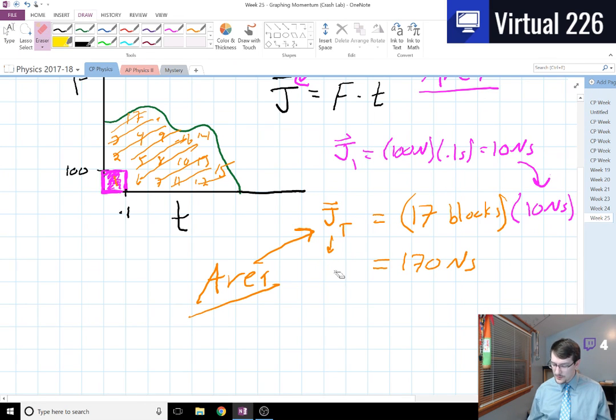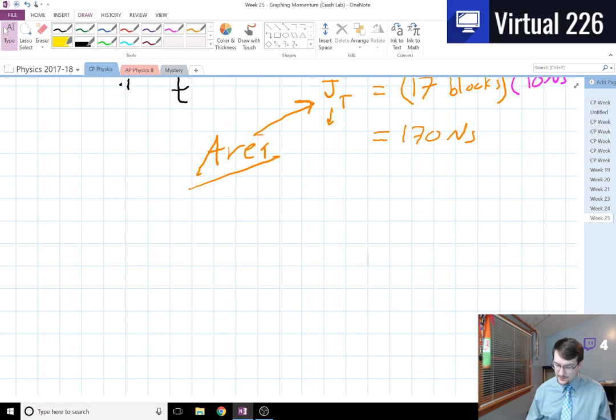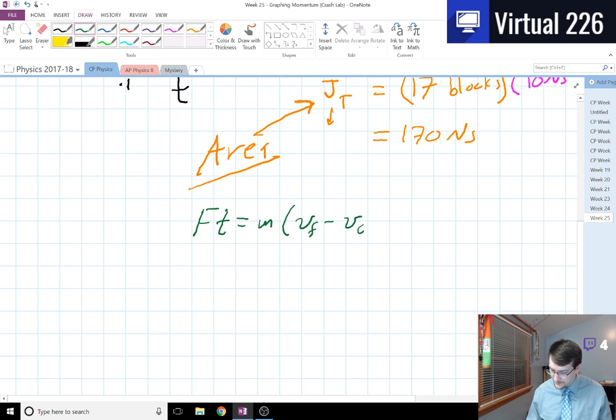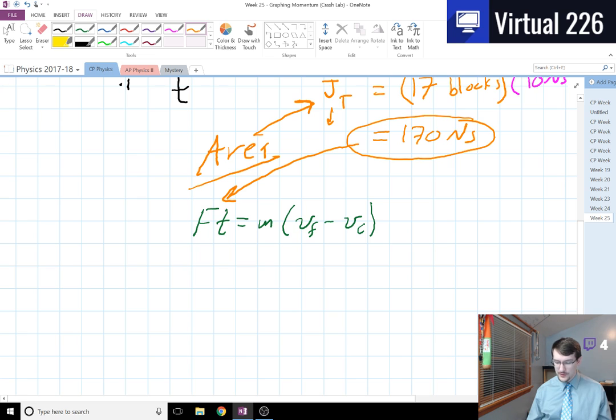Because of this, when we set up our equation of Ft equals m delta v, or Vf minus Vi, this 170 newton seconds is all of Ft. So instead of writing Ft here, we can just get rid of it and say, hey, this is the 170 newton seconds.